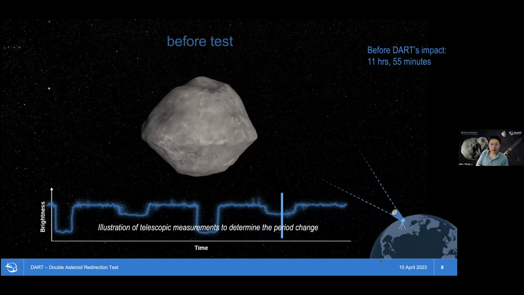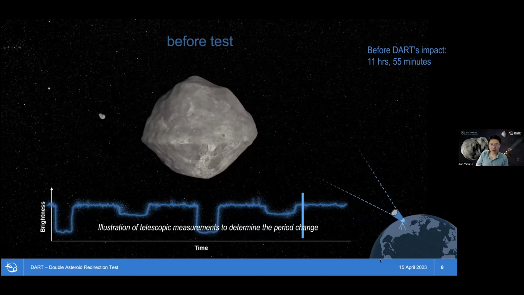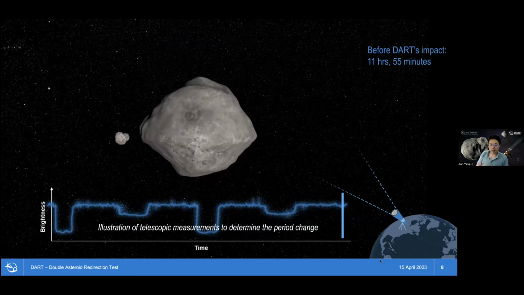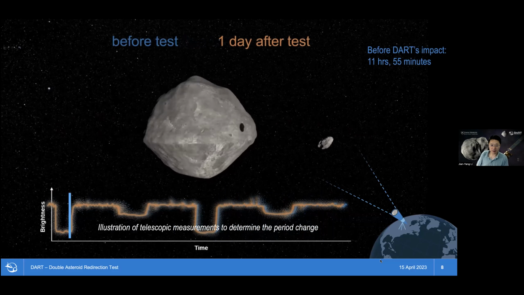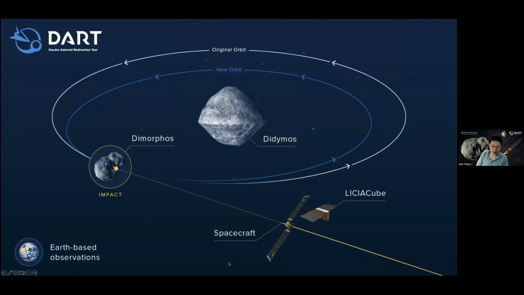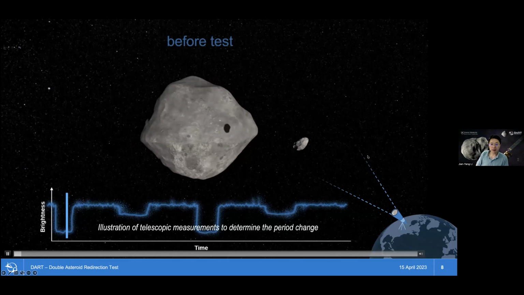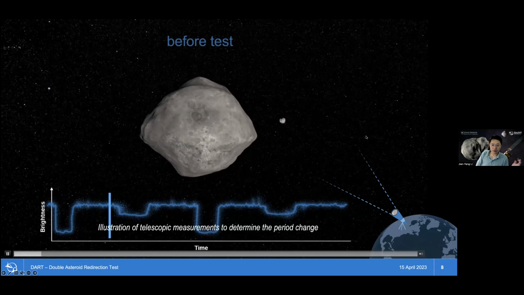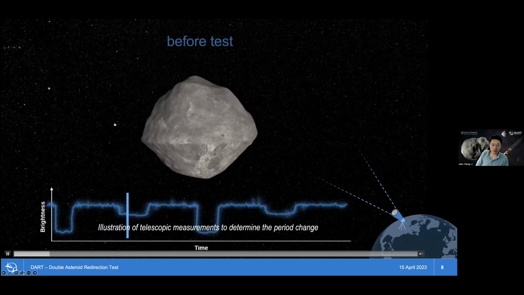So when the moon is orbiting Didymos, the two objects will block each other. That is called occultation. And also, they will go into the shadow of one another.